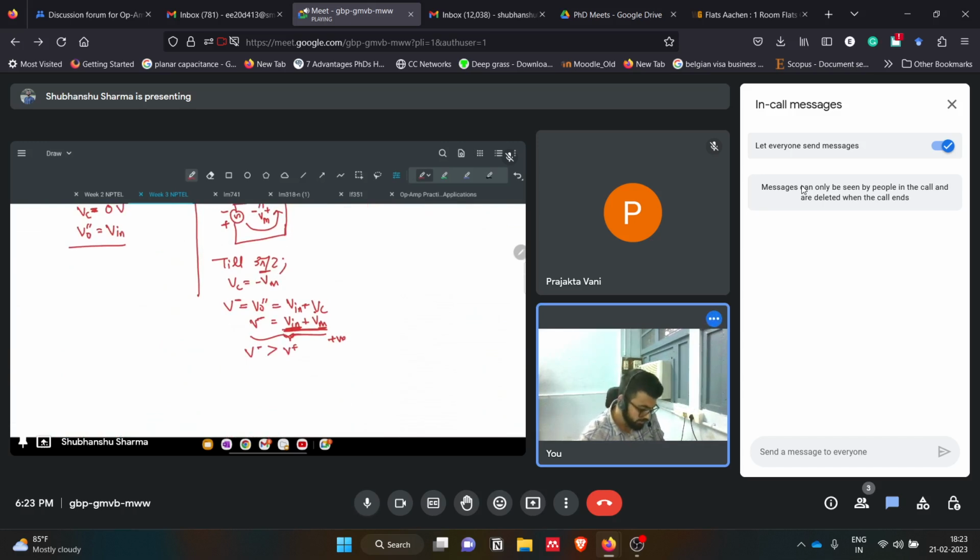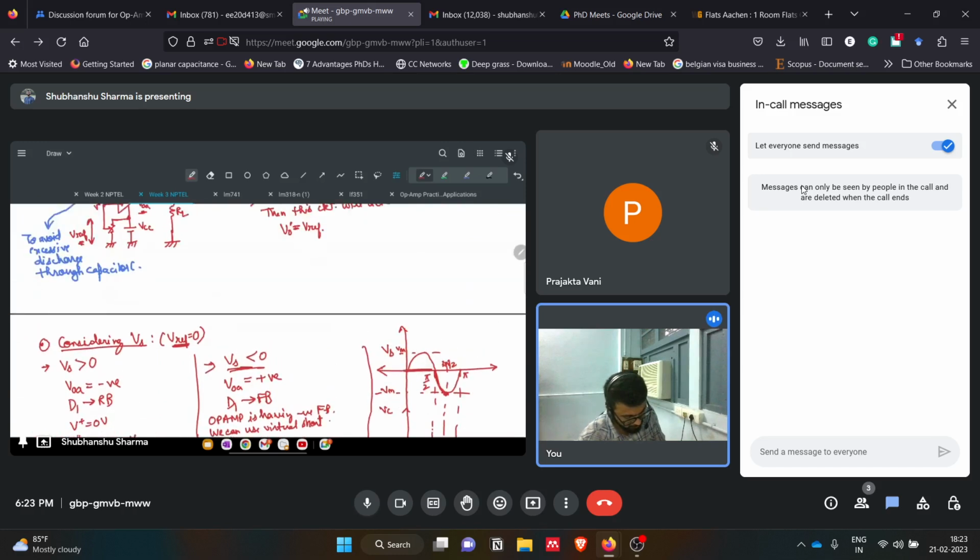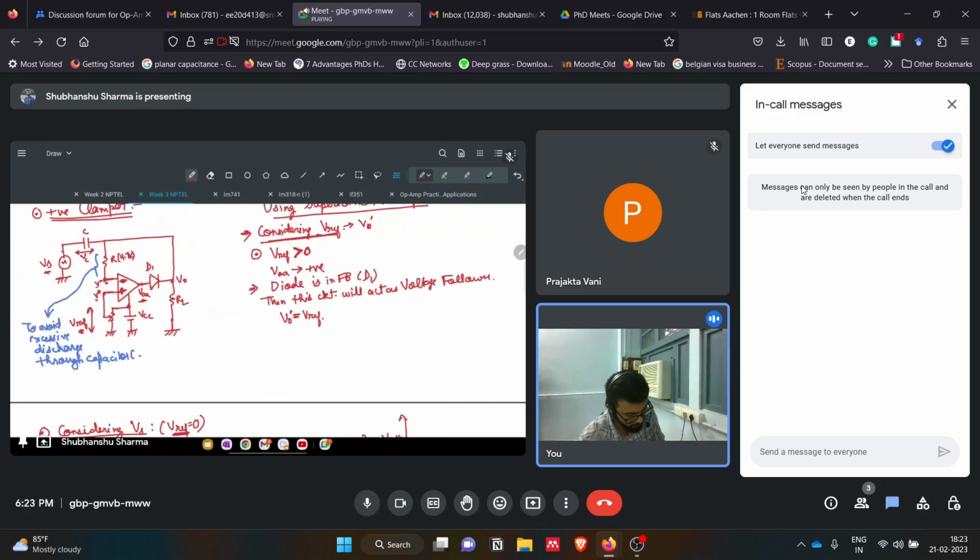So the op-amp will then work in a way that makes the diode reverse biased. Because V minus became greater than V plus, VOA will be negative. Sorry, VOA will be negative.